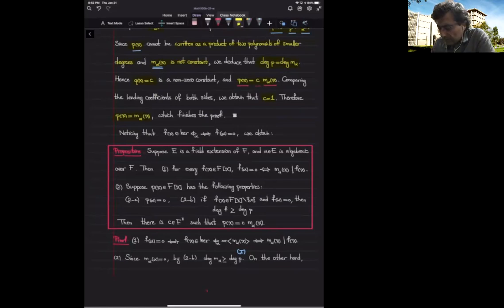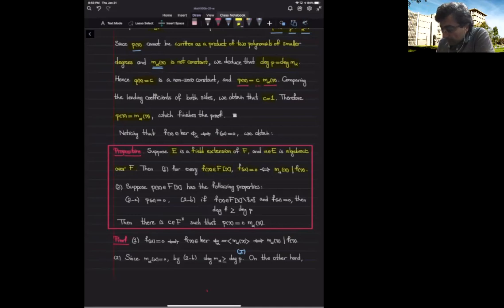So suppose E is a field extension of F, and alpha is an algebraic number over F. So it's algebraic over the smaller field F. Then first of all, a polynomial with coefficients inside F has alpha as a 0 precisely when it's a multiple of the minimal polynomial. Okay, so it's a multiple of the minimal polynomial if and only if f of alpha is 0.